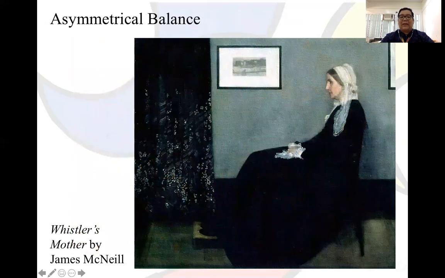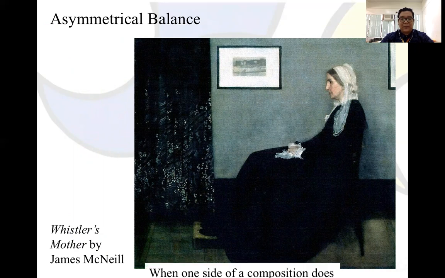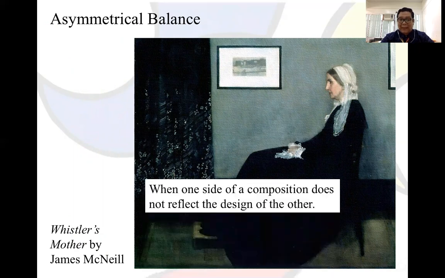On the other hand, we have the asymmetrical balance. Okay, an example for this is the balance depicted in the painting by James McNeill Whistler entitled Whistler's Mother. When you say asymmetrical balance, it is when one side of a composition does not reflect the design of the other.